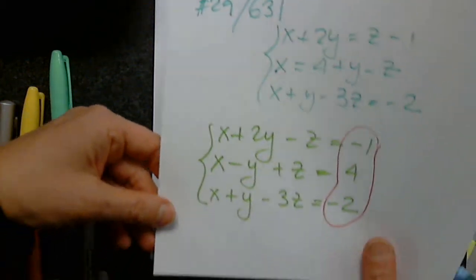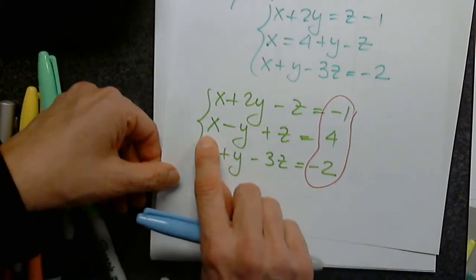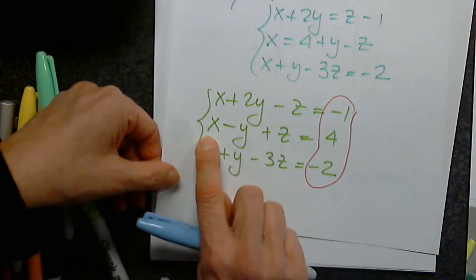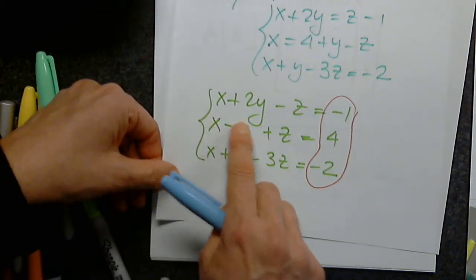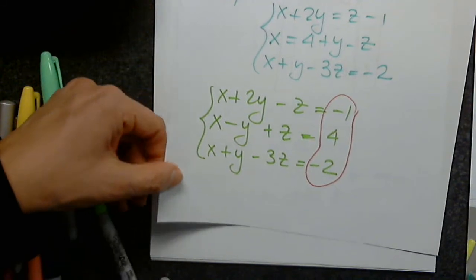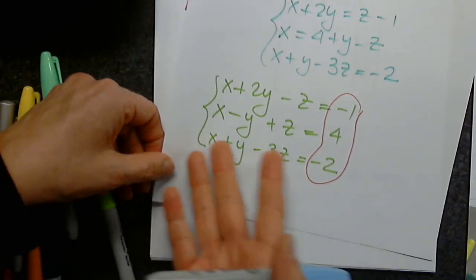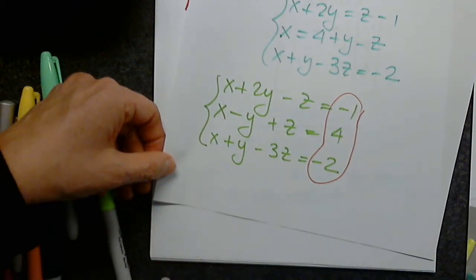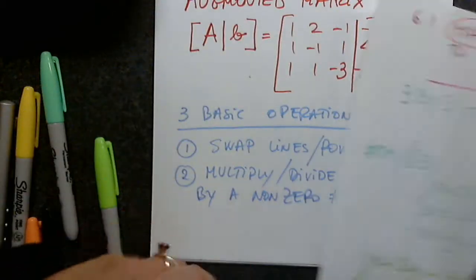Do you think that the final solution of the system will change if I decide, for whatever reason, to multiply both sides of this by 10? No. Multiplying or dividing both sides of any equation by a non-zero number is not going to affect the final solution of the system.